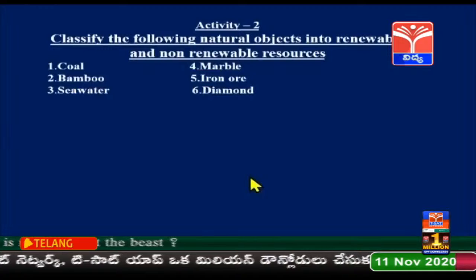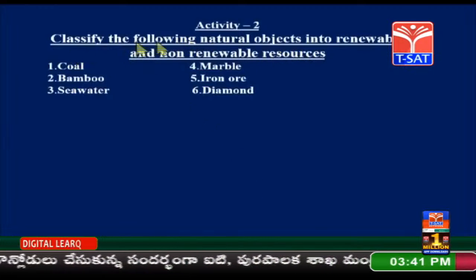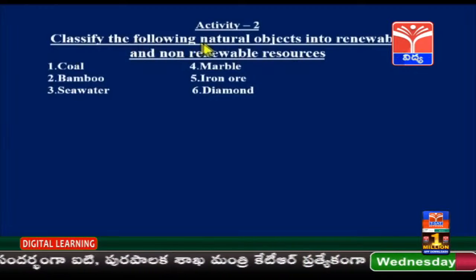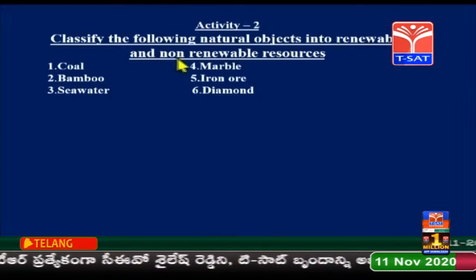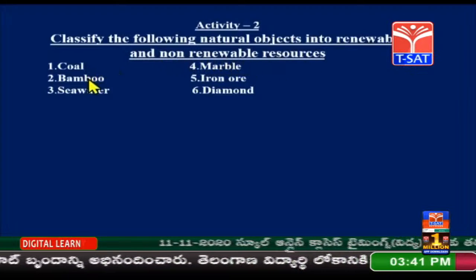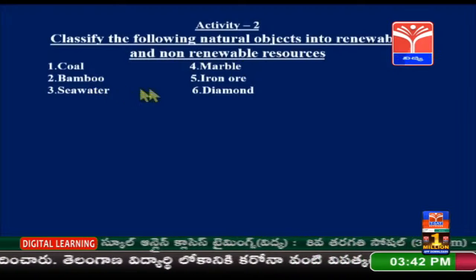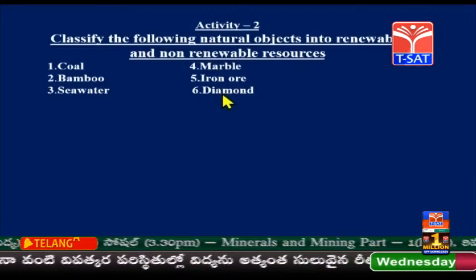Okay. Here is a small activity which you need to do. Classify the following natural objects into renewable and non-renewable resources: coal, bamboo, seawater, marble, iron ore and diamond.